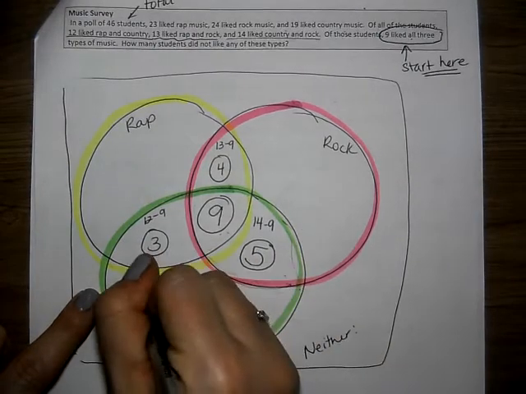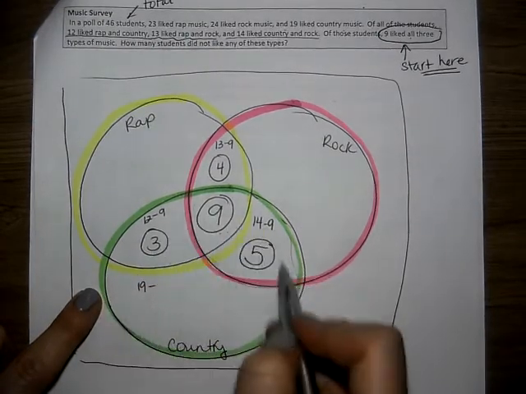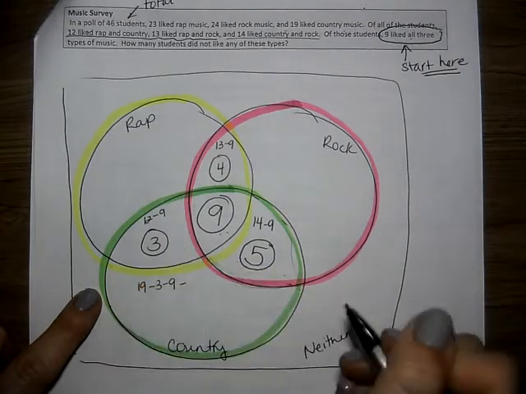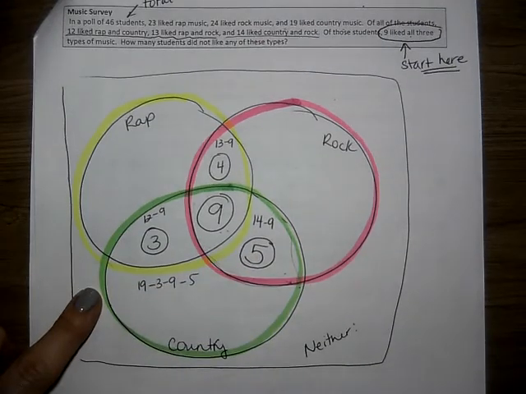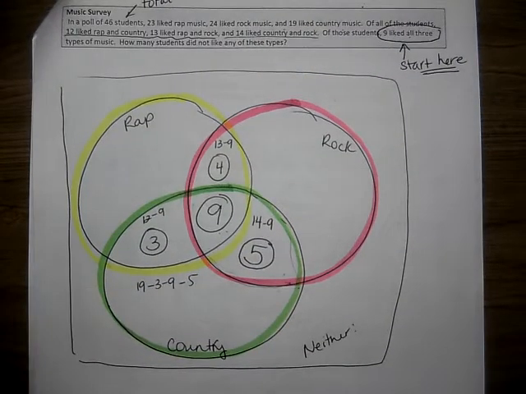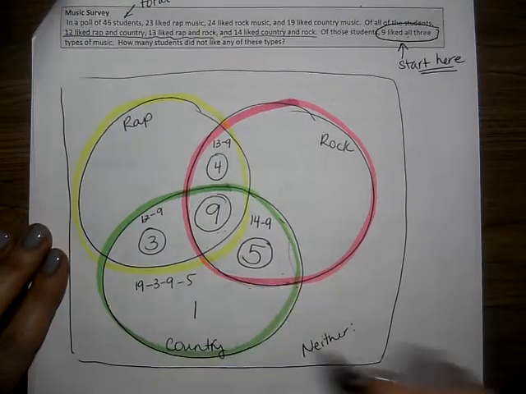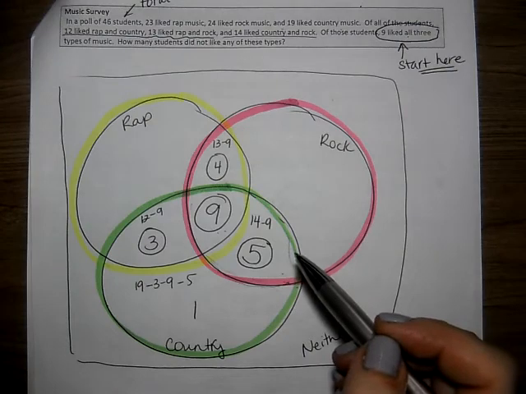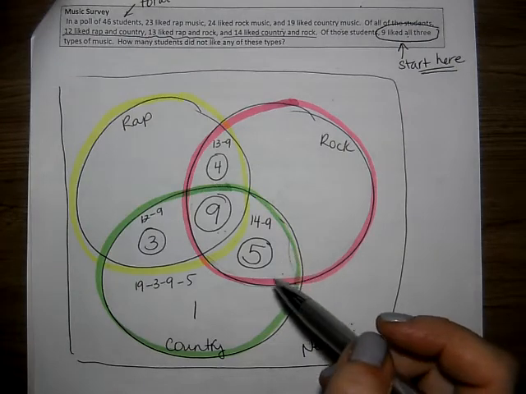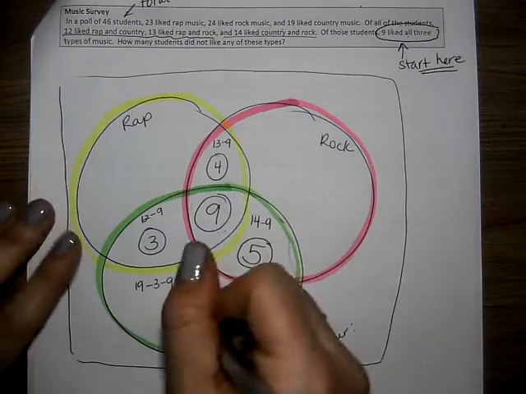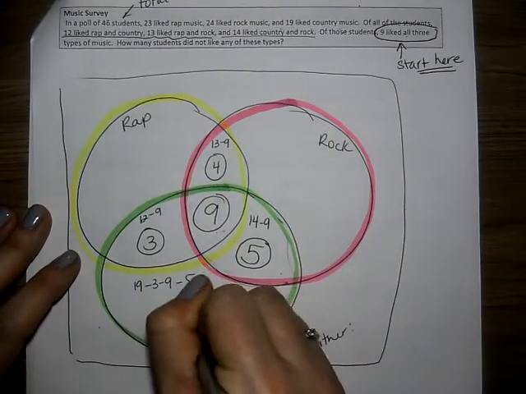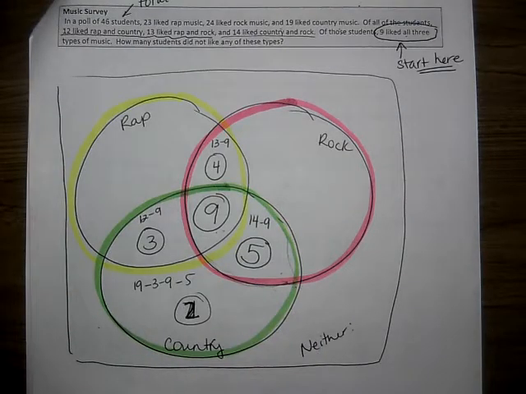So I have to take the 19 and start subtracting everybody that's already accounted for in country. So minus the 3, minus the 9, minus the 5. That's 17. So 19 minus 17 is 2. There's only 2 people that just like country. They don't like anything else.